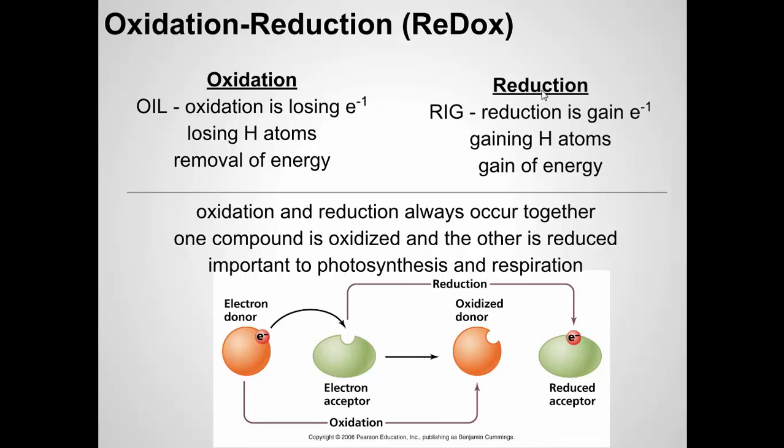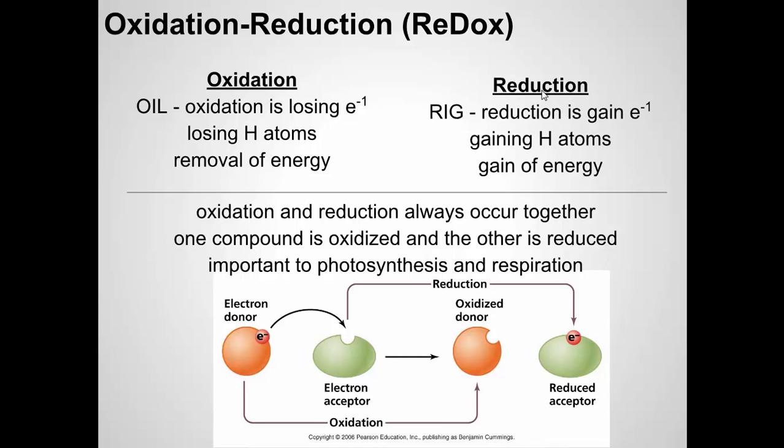And the movement of these electrons and these hydrogen atoms really represents the movement of energy. So if a substance has been oxidized by losing a hydrogen atom, basically it's losing energy. And if a molecule is gaining an electron, gaining hydrogen atoms, it's gaining energy. And so these reactions always happen in pairs, because if one molecule is losing an electron, that has to be gained by another molecule.